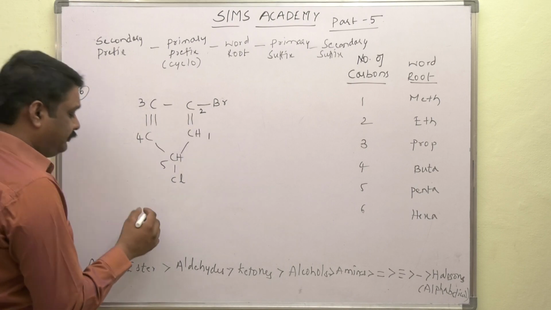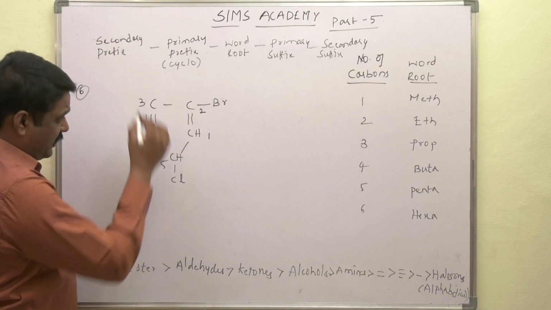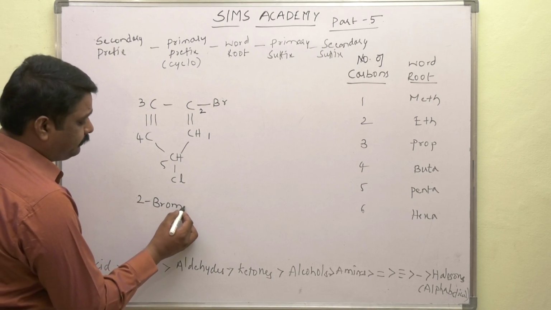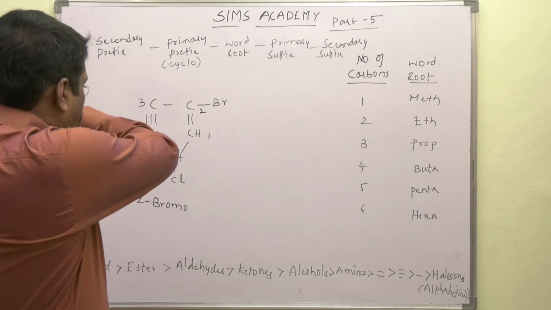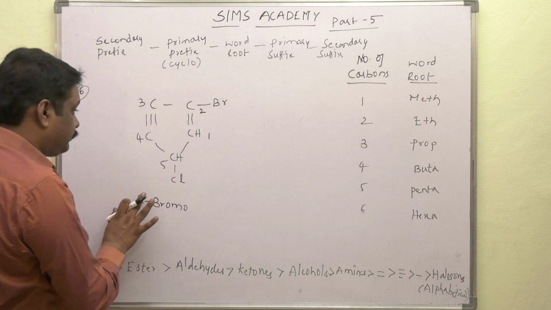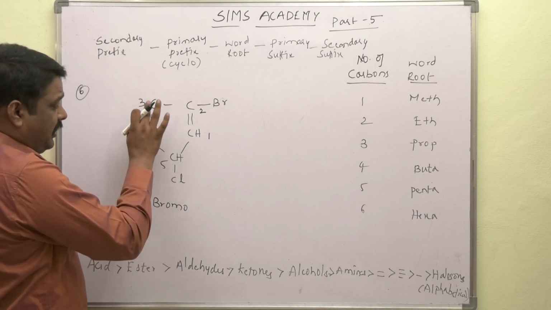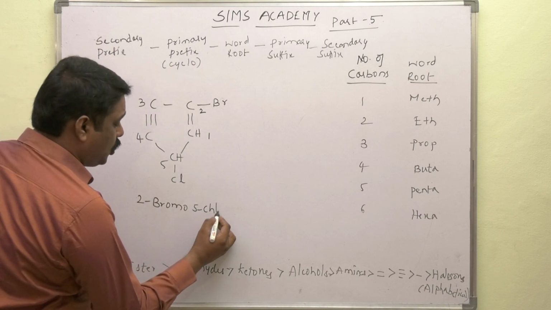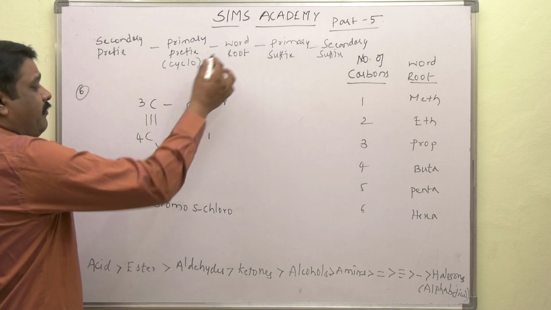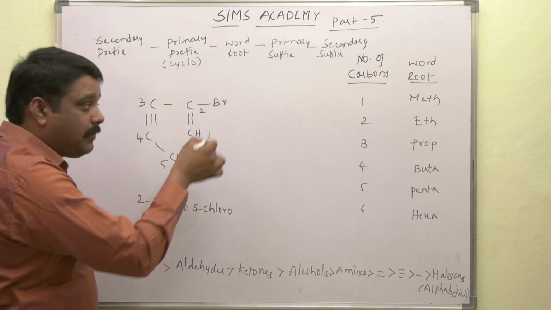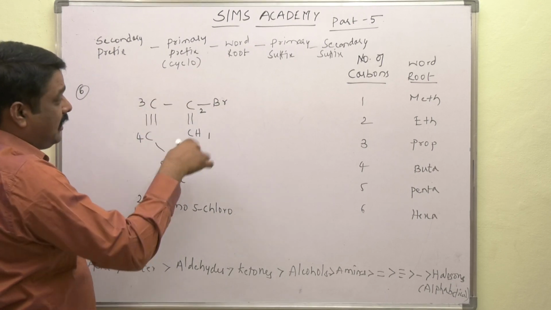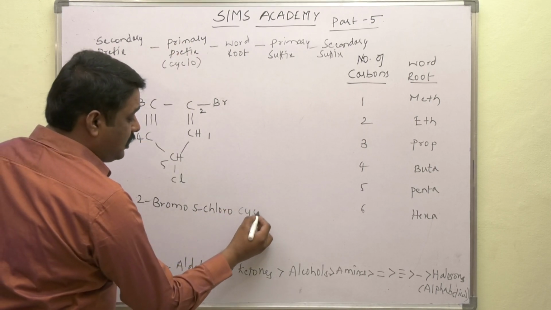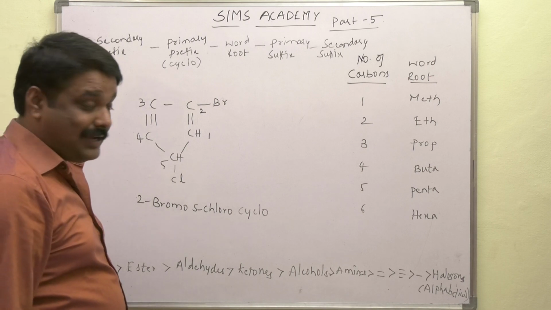Okay. Now, secondary prefix, we have substituents: 2 bromo. After that another substituent, we have 5 chloro. Before the word root, primary prefix, yes, it is a cyclic compound, cyclo.